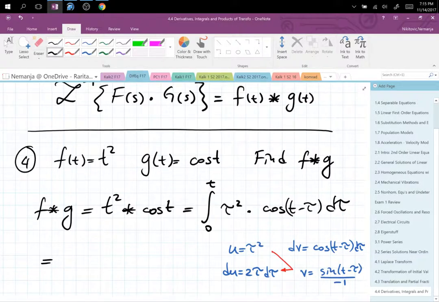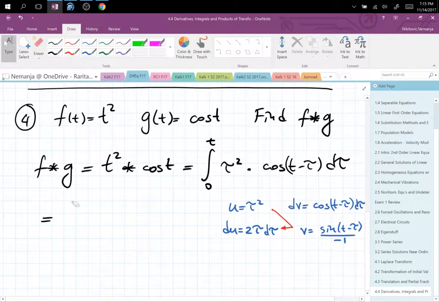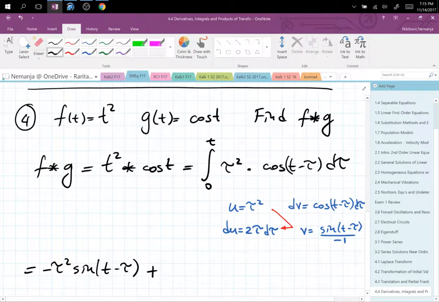So now we have, won't fit here, so we go here. We have negative tau squared sine of t minus tau. Minus and minus give me plus, because the formula for integration by parts has a minus and then there's a -1.